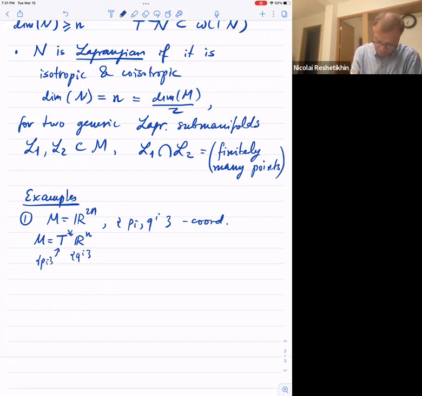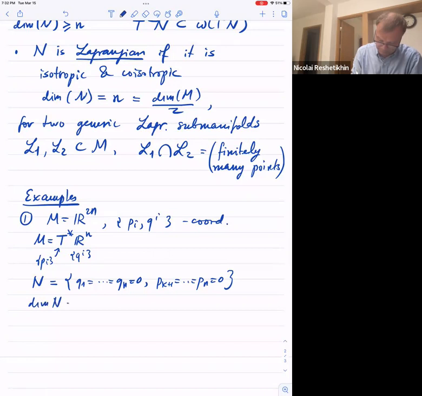So in this case, an example of an isotropic submanifold is, we can, for example, consider a k-dimensional submanifold where all q's are 0 and some of the p's are also 0.